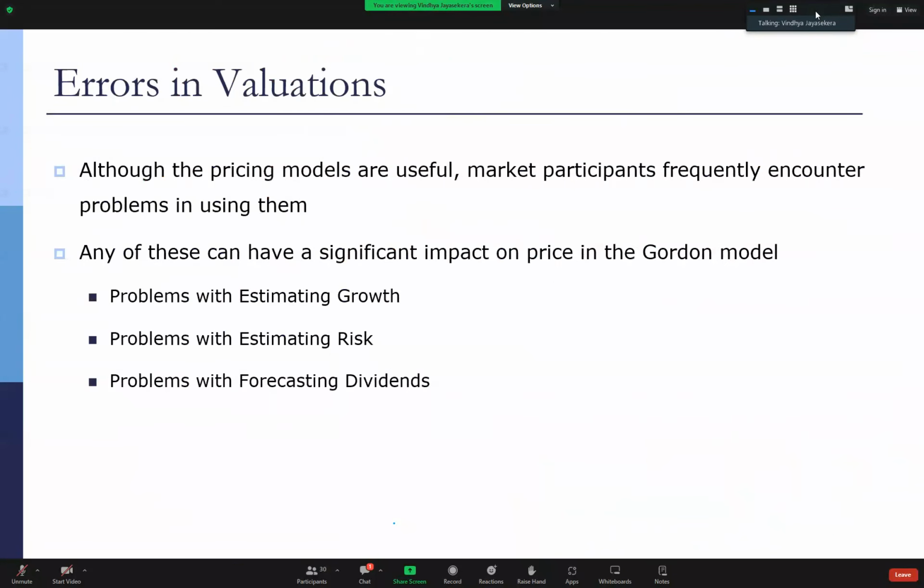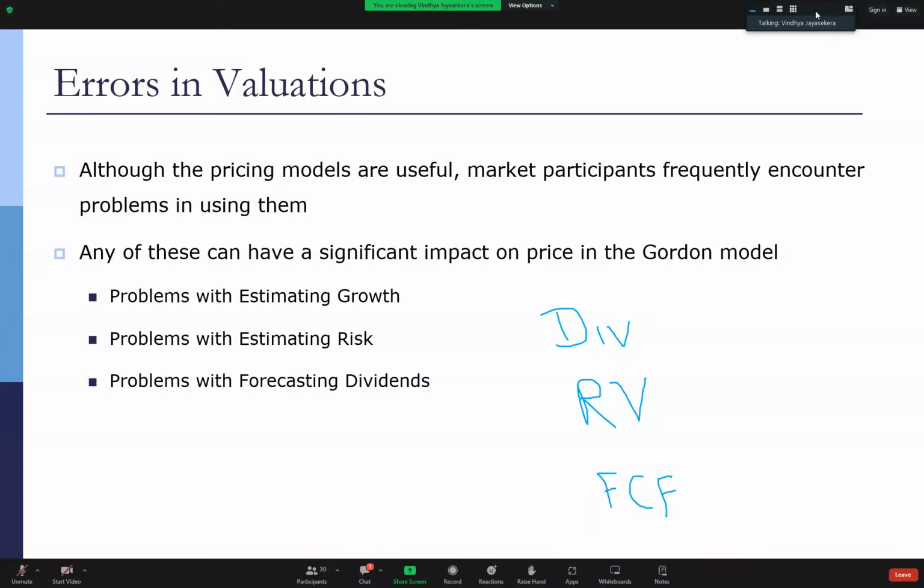So a few things to remember here. We did the dividend valuation models, right? We did relative valuation models, and we did free cash flow valuation models. Dividend valuation models and free cash flow based valuation models are very similar, pretty much the same.